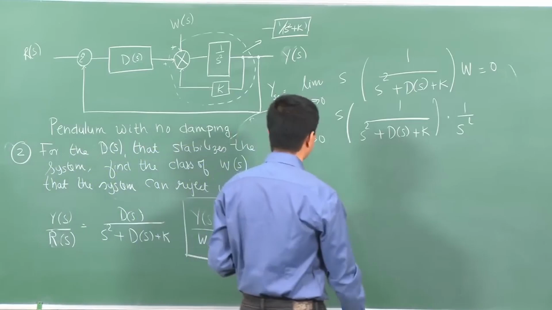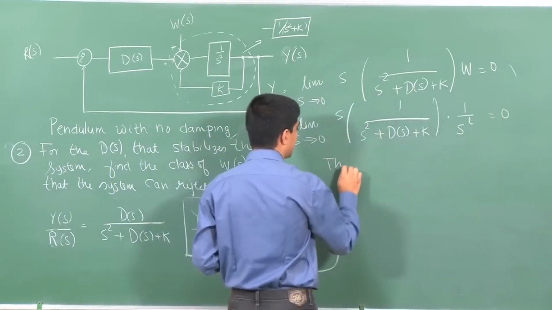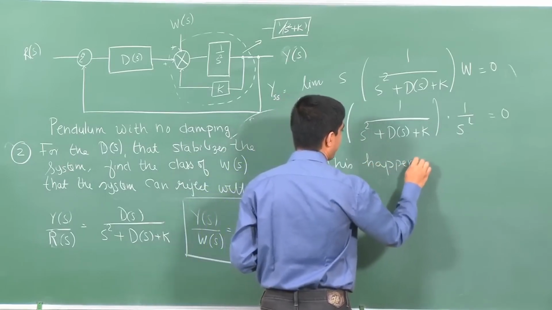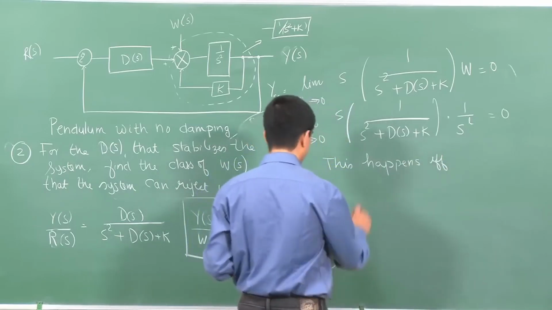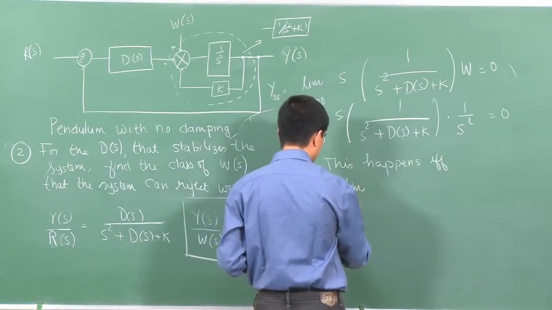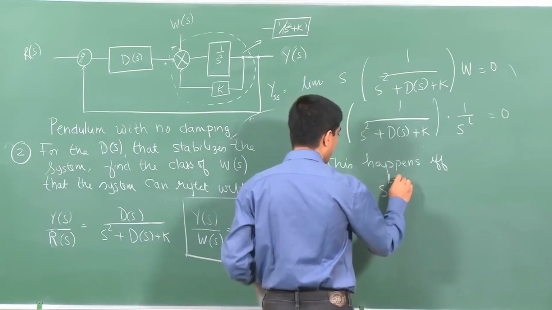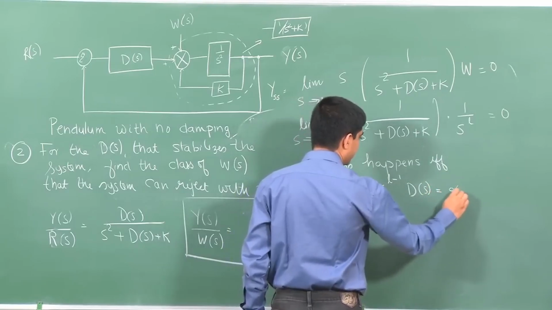Okay, so I want this to be 0. Okay, now when is this 0? This happens if and only if limit s going to 0, s power l minus 1 d of s is infinity.